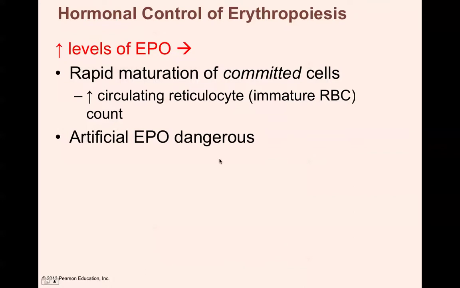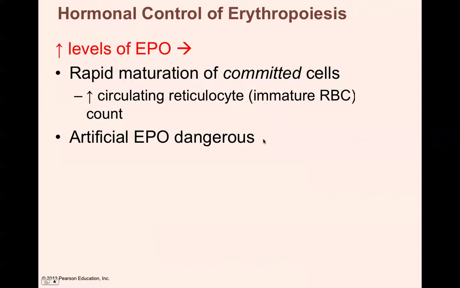Now, athletes may take erythropoietin exogenously. That means that this can actually be injected, and it would have to be ordered by a doctor. And so too much of this can be dangerous. You can imagine why an athlete might want to give themselves more erythropoietin.